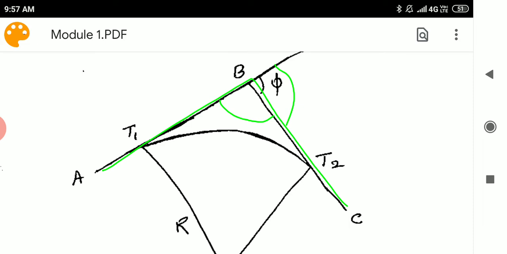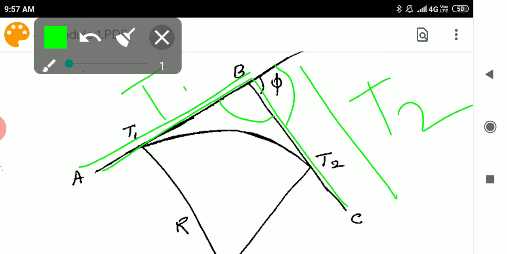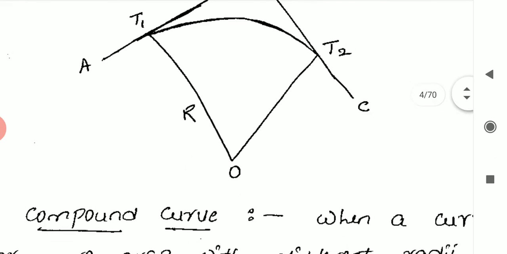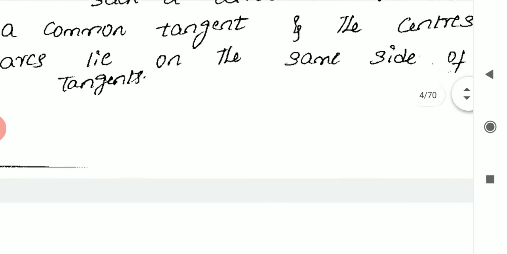AB makes tangent T1 and BC makes tangent T2. These two tangents make the curve, that is the simple curve. Okay, next one is the compound curve.